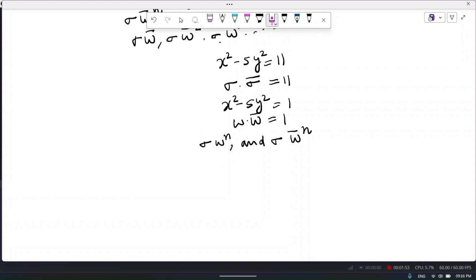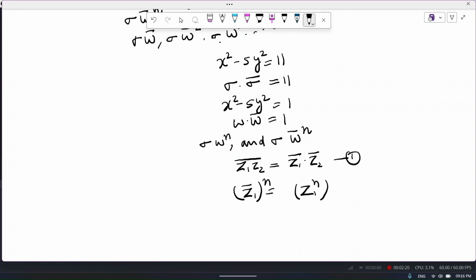So for this, we need to use the conjugate property of complex numbers, because real number conjugates also follow the same rules. If you have z1 and z2, two complex numbers, and we take the conjugate of the product, we get z1 conjugate into z2 conjugate. And the second property we are going to use is z1 conjugate to the power n is equal to z1 to the power n and then take the conjugate.